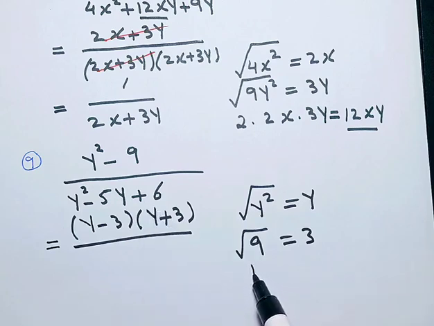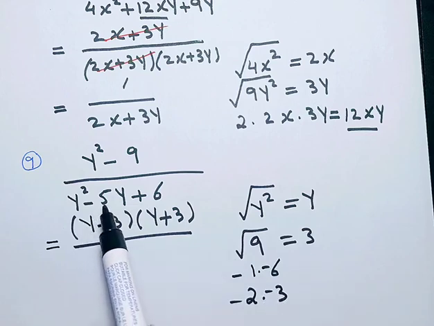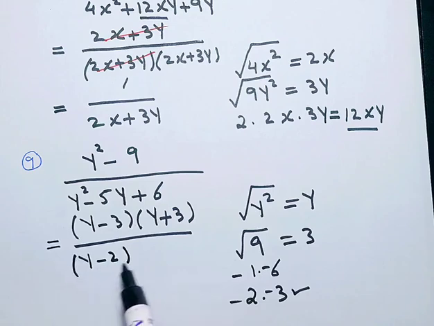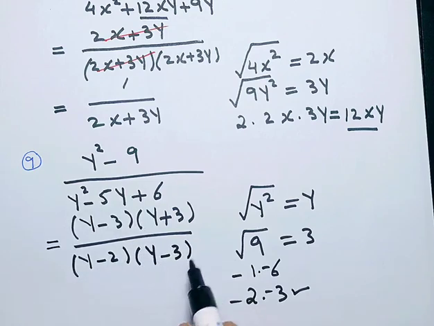So I take the factors of 6: 1 times 6, 2 times 3 is 6. Both must be negative. So I need to add, and the answer should be equal to negative 5. So I'm going to use this one because negative 2 plus negative 3 is going to be equal to negative 5. So these are my factors: y negative 2 multiplied by y negative 3.